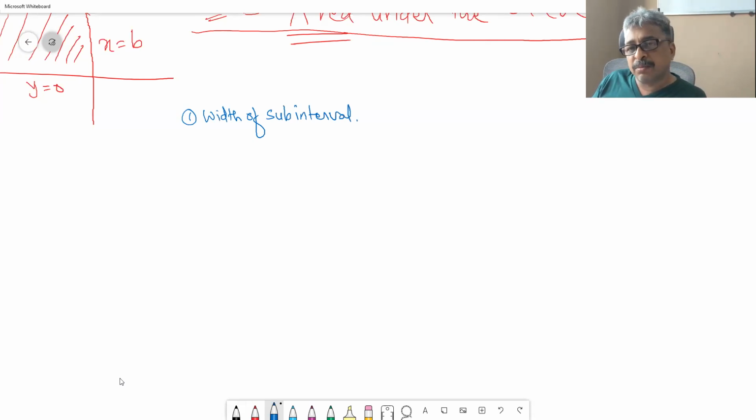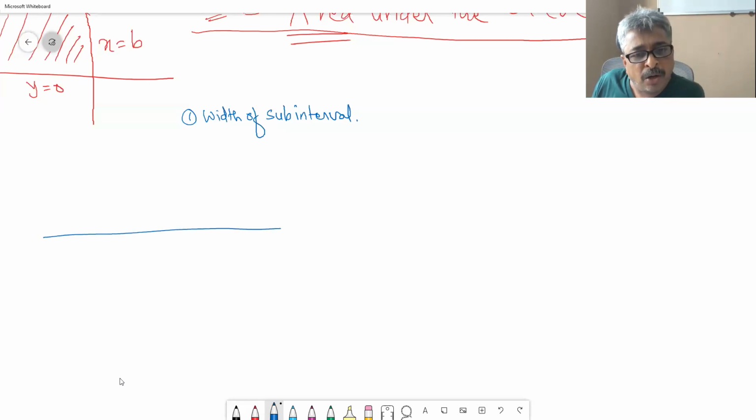If the width of subinterval can be anything, every time it is changing, then we will be in trouble, because we are supposed to do calculations and get the area under the curve. So for all practical purposes, why do we take the width different for every interval? Because eventually if we are going to make the width 0 every time, then it is good to have the width in the first place equal.